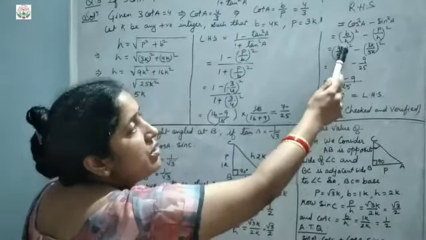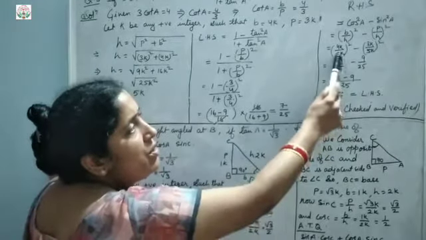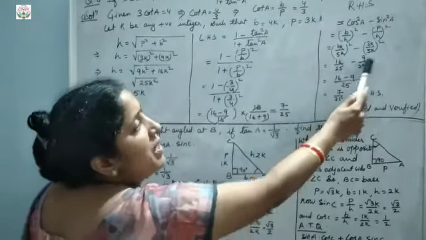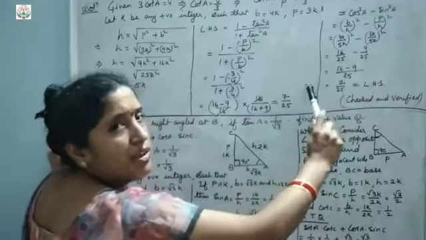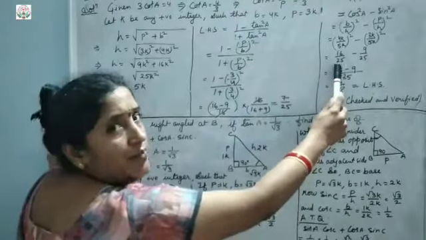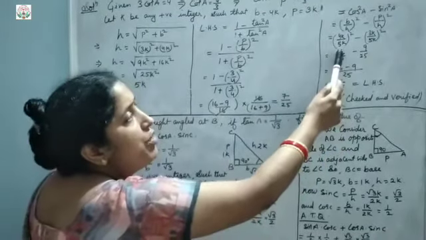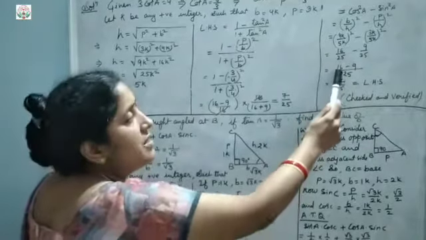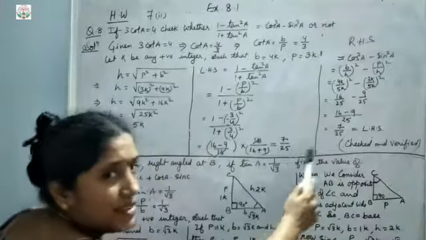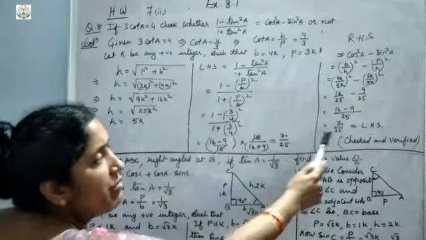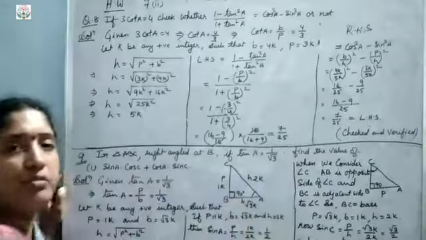Now k gets cancelled. 4 square means 16 upon 5 square 25, minus 3 square is 9 upon 5 square is 25. So the denominator is same, 25. Now numerators will be subtracted, 16 minus 9 will give 7 upon 25. On RHS you can see 7 upon 25, and here also 7 upon 25. So hence it is verified.